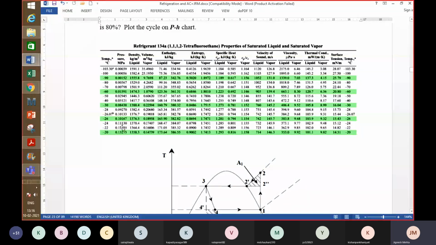But here we are talking about the temperature, and this is a temperature based table. So I'll refer to the row for minus 20 degrees Celsius, and the absolute pressure is 1.3273 bar, and let's say the ambient is around 1 bar, so you can add 1 bar to that for getting the gauge pressure.